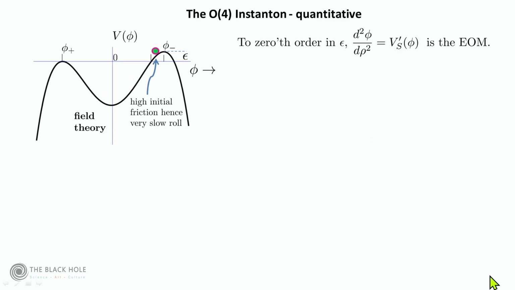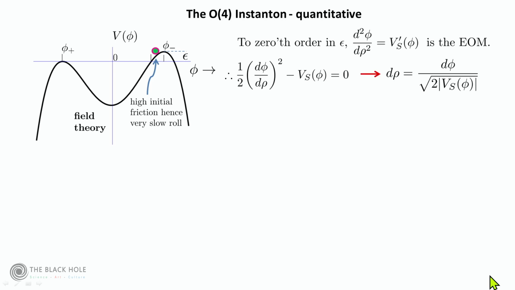Let's start solving the equation of motion. That equation of motion is here: d2 phi d rho squared is equal to this.